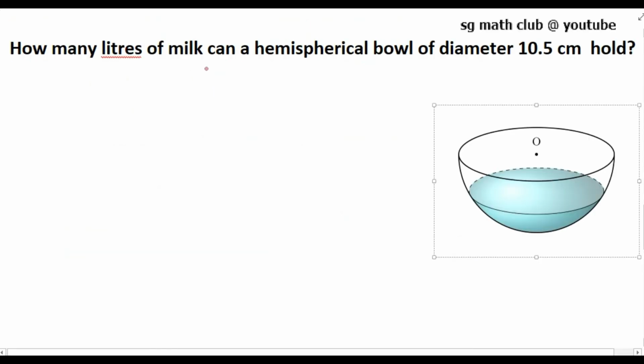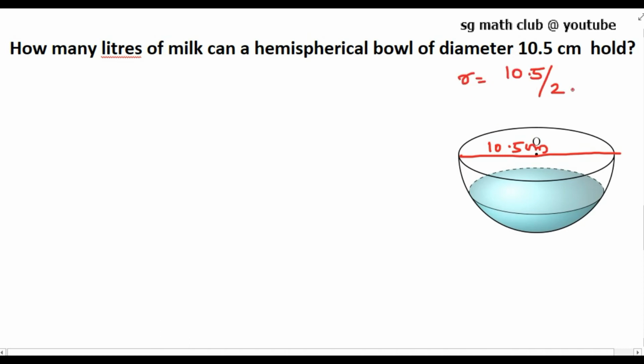How many liters of milk can a hemispherical bowl of diameter 10.5 centimeter hold? The diameter of this hemispherical bowl is 10.5 centimeter, so radius will be 10.5 divided by 2. We need to find the volume of this hemispherical bowl.